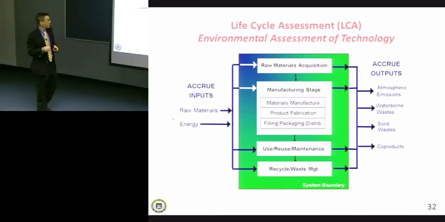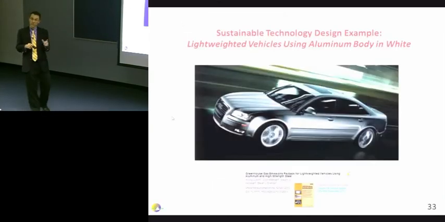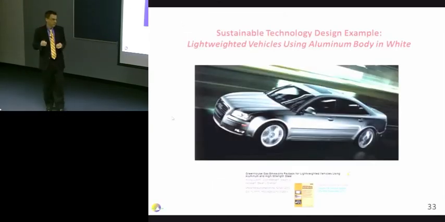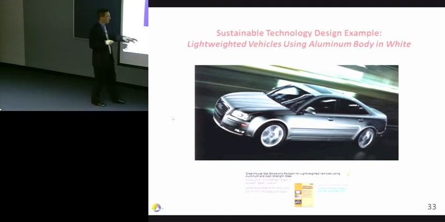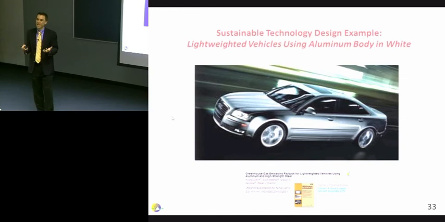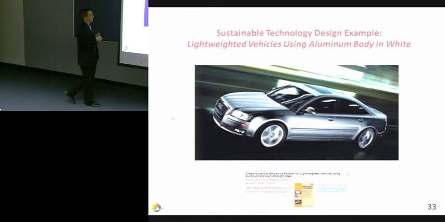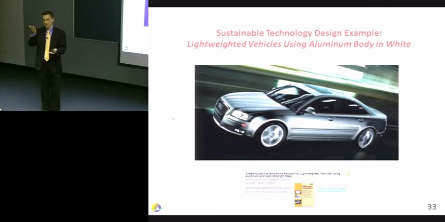So let's look at an example of an aluminum-intensive vehicle. You'll see some more of this later in the term, maybe even Thursday. That's a paper that some of us did here at U of M, thinking about lightweighting a car with an aluminum-intensive body in white. Okay? So the question here was, how quickly do you get the production emissions back?